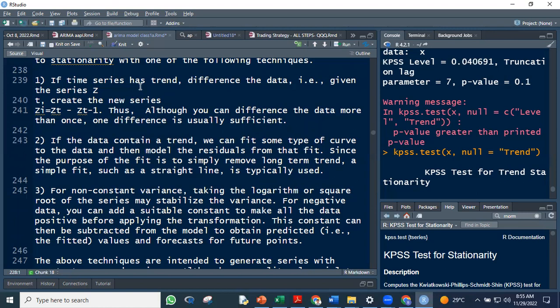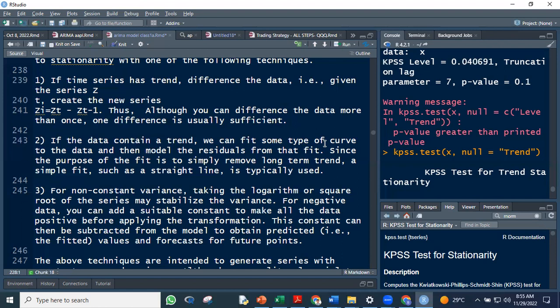If the time series has a trend, we can difference the data. Differencing means we subtract time t minus time t minus 1. That means we create a new time series, the differenced series, no longer the original. So we model the transformed data, and later, after we do the model and make predictions, we convert back to the original, because we want to model the original.